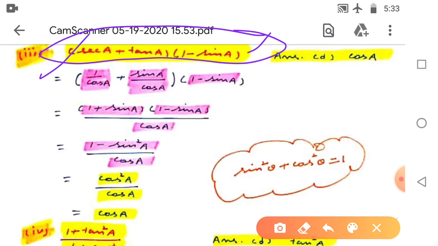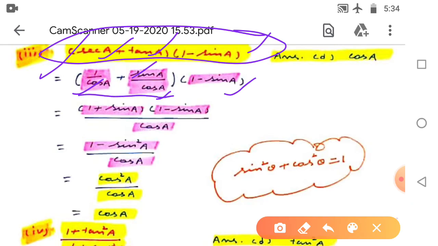So we have one option, convert into basics, that is in terms of sine theta and cos theta. So sec a is 1 upon cos a, and tan a is equal to sine a upon cos a, and this sine is as it is, that is 1 minus sine a. Now what happens here?